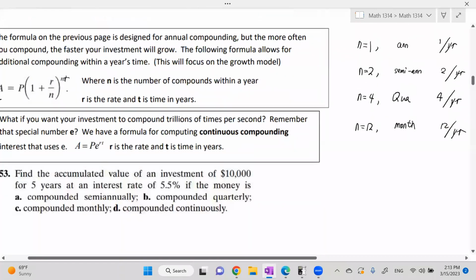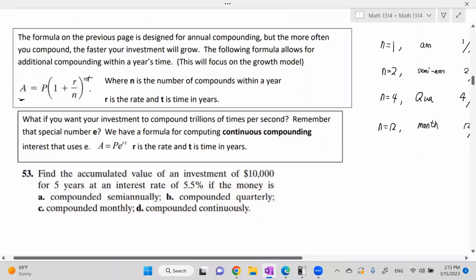Okay, come back. So we are using this formula to find the future value. And also, we will learn compounding continuously. What if you want your investment to compound trillions of times per second?